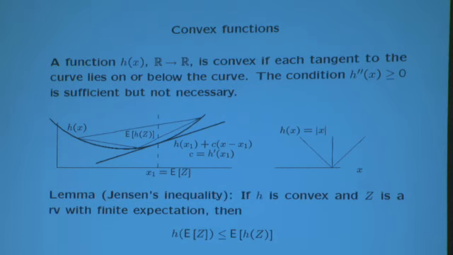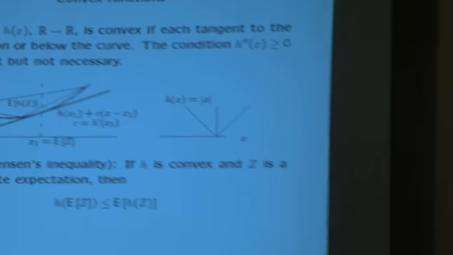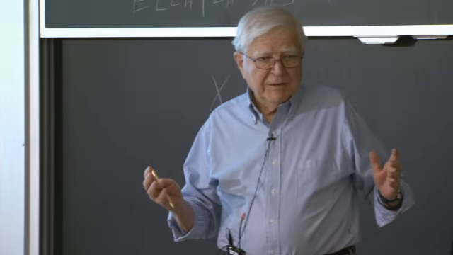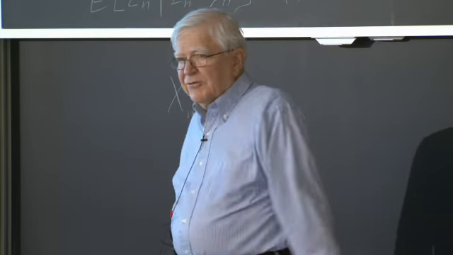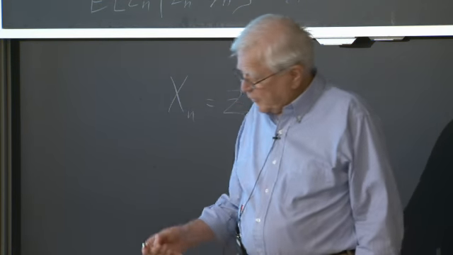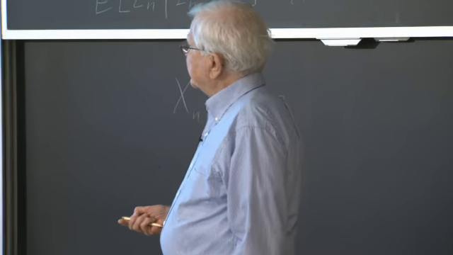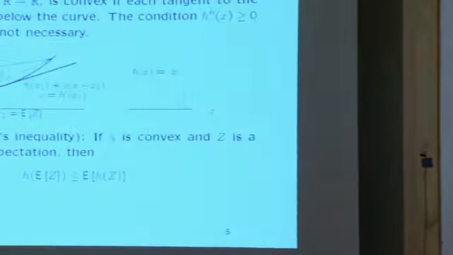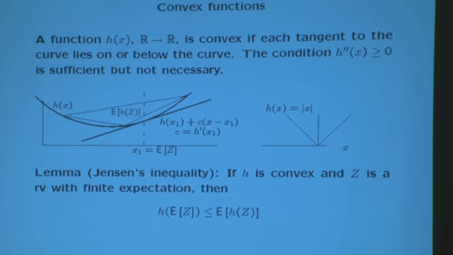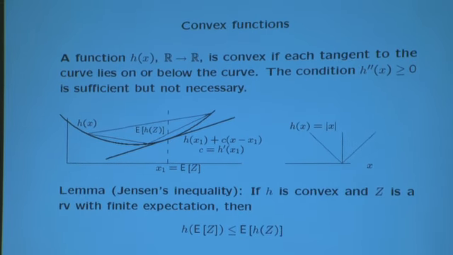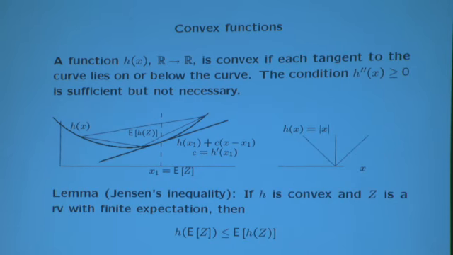You're usually used to thinking of convex functions in terms of functions that have a positive second derivative. Taking the geometric view, you get something considerably more general because it includes all of these cases as well as all of these cases. And this idea of tangents lying on or below the line gives you the linkage here.